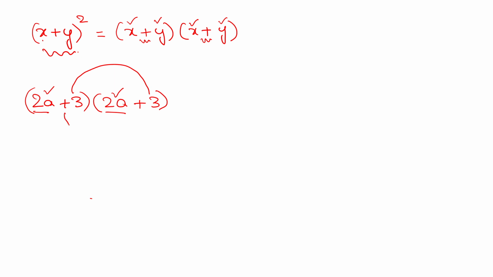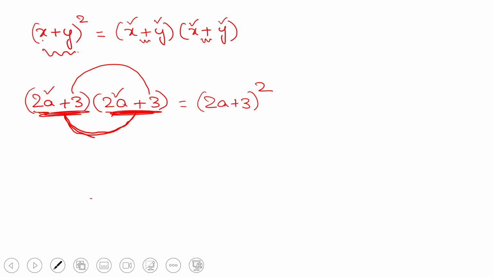Yes. And what is the operation in between? It is plus. So everything is the same. It looks like x plus y whole square. So that means 2a plus 3 whole square. Since we are multiplying two expressions with the same terms, we use 2a plus 3 whole square.